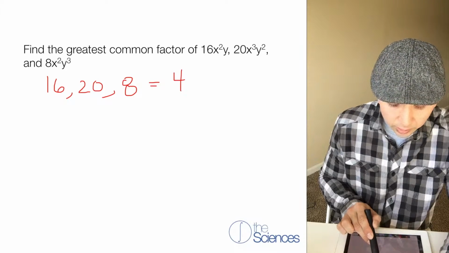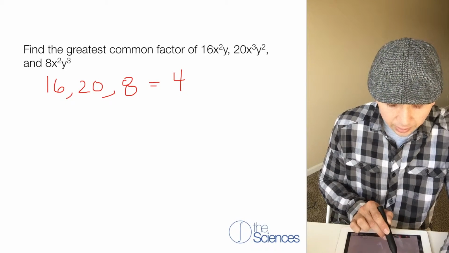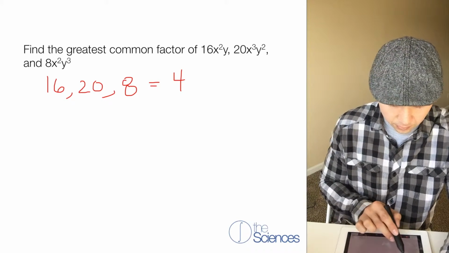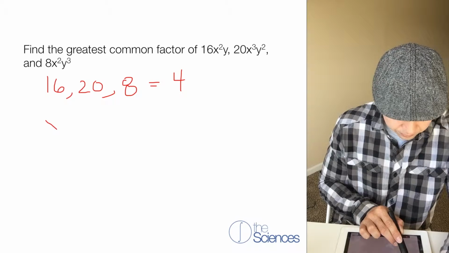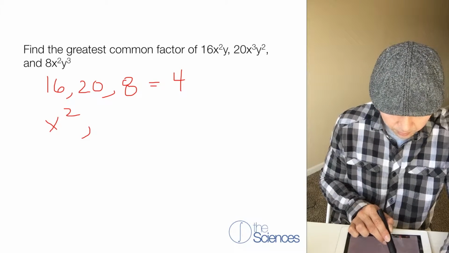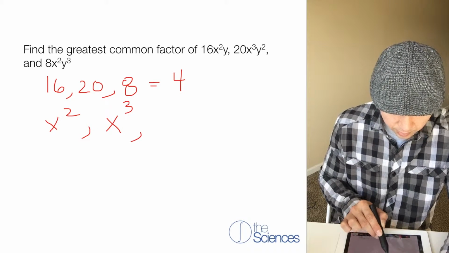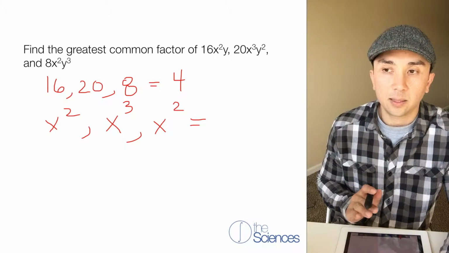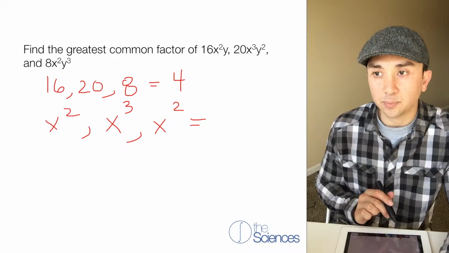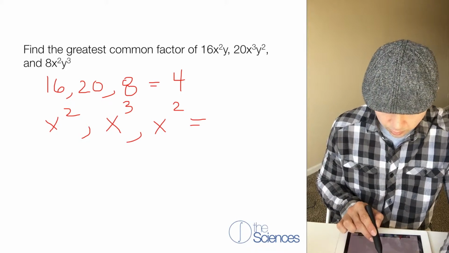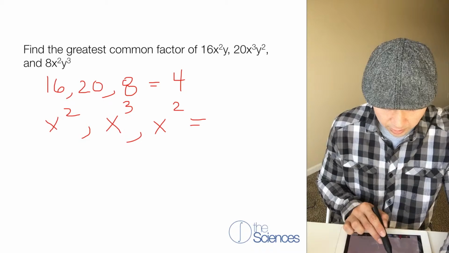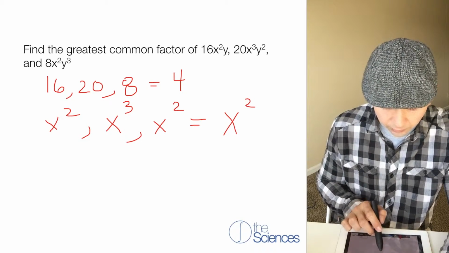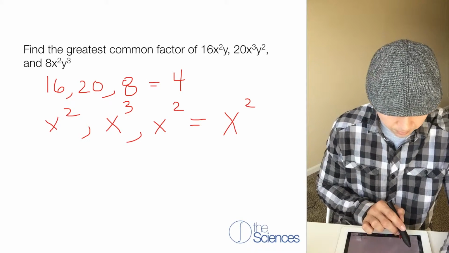So that means we can factor out a 4 from 8, a 4 from 20, and a 4 from 16. Now if we look at x squared, x cubed, and x squared, we always get the variable raised to the smallest exponent. So here we have x squared as our smallest exponent. So that means the greatest common factor that they have is x squared.